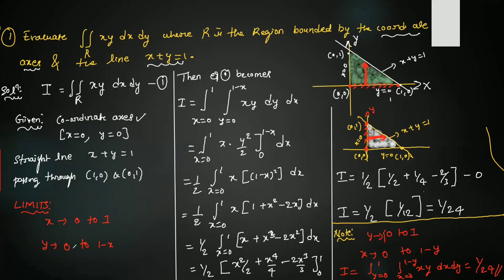It is y is equal to 0, so I have written 0. What is the equation of the upper boundary? It is x plus y is equal to 1. But I am writing in terms of y, so I need to write y is equal to 1 minus x. I hope it is clear. Once you get these limits, you just substitute in the integration and find the integral.